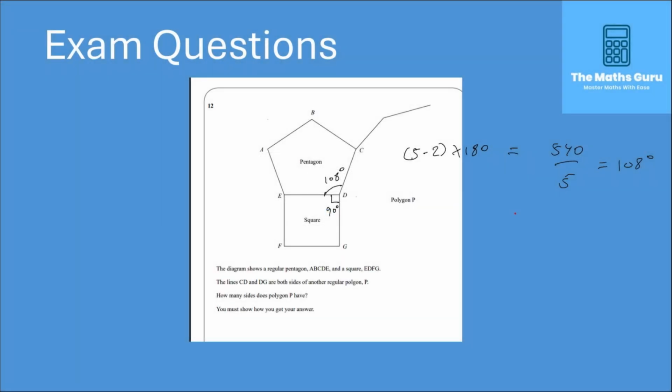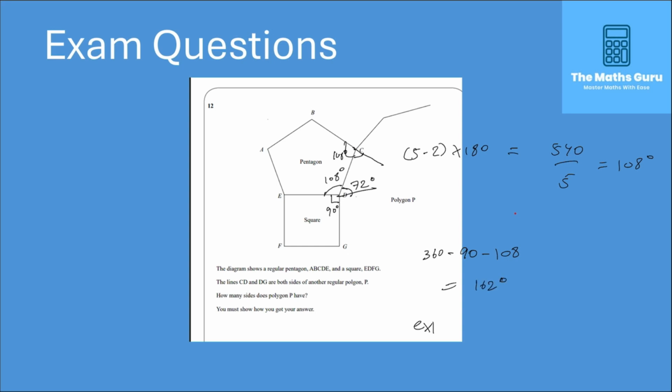That makes our exterior angle 72, and that means our interior angle of P is going to be 360 minus 90 minus 108, which is equal to 162 degrees.